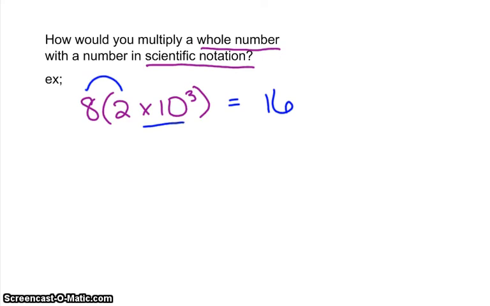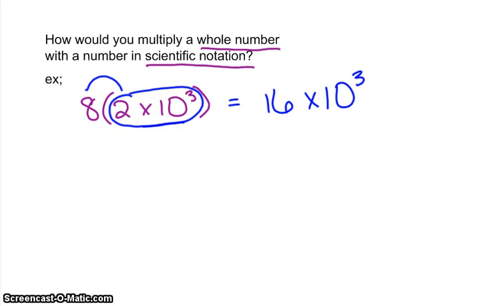And then this part, so as long as I multiply the 8 times the whole number, I'm multiplying it by this whole entire number. It's not a distributive property. Those aren't two separate things. 2 times 10 to the 3rd is one big number. So when I multiply by 8, I get 16 times 10 to the 3rd.